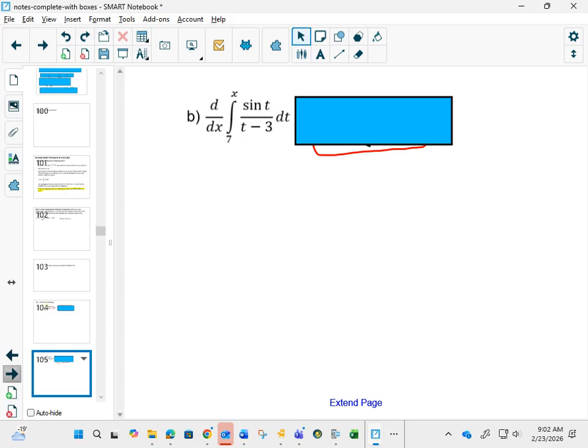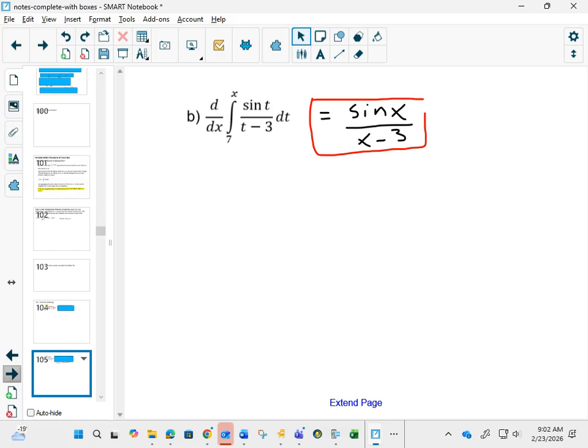But for the most part, the number at the bottom there, the 7, could be 7 million. That number doesn't matter. If you're going up to x, then the derivative of the integral is just f of x.